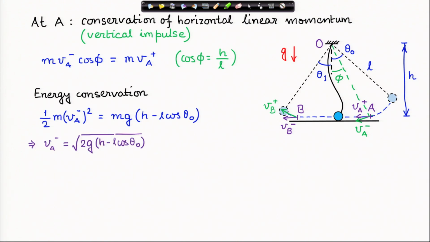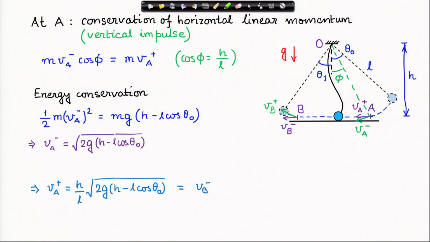Therefore, V A minus is this, and V A plus I can find from the conservation of linear momentum in the horizontal direction. And as I just now mentioned, V A plus will also be equal to V B minus. Before the string gets taut, this velocity will remain the same because it is sliding on a frictionless ground.